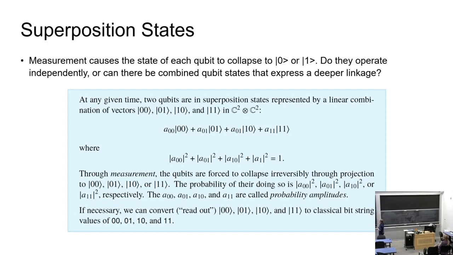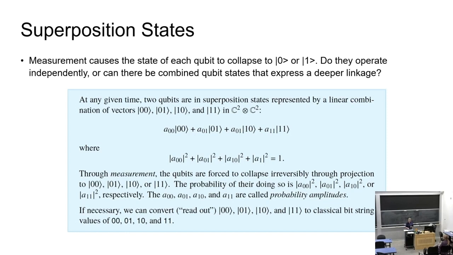Our combined state looks like the sum, where the squares of the probability amplitudes equals 1. And through measurement, our qubit states are forced to collapse irreversibly, and the probabilities are as normal. And we can always convert or read out our qubit states to classical bit strings if that ends up being useful.